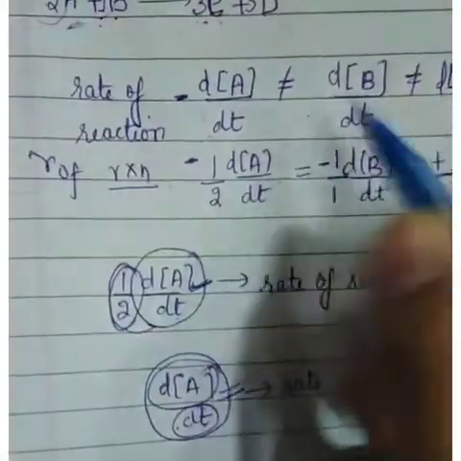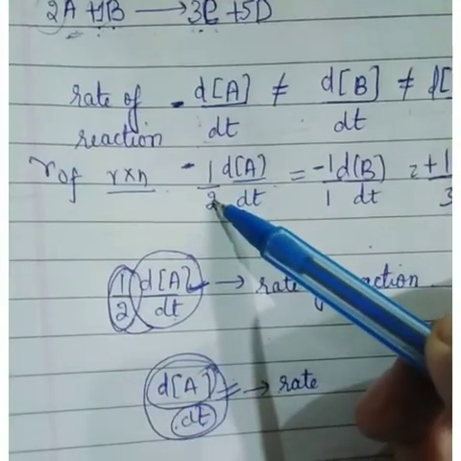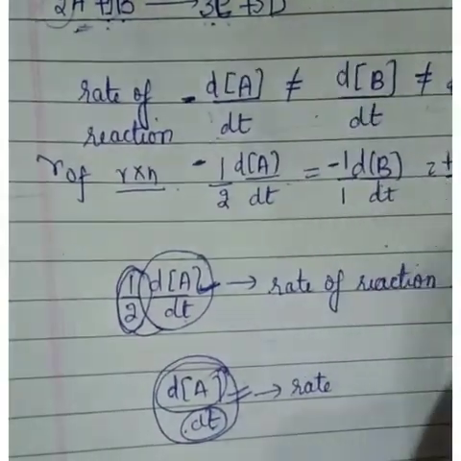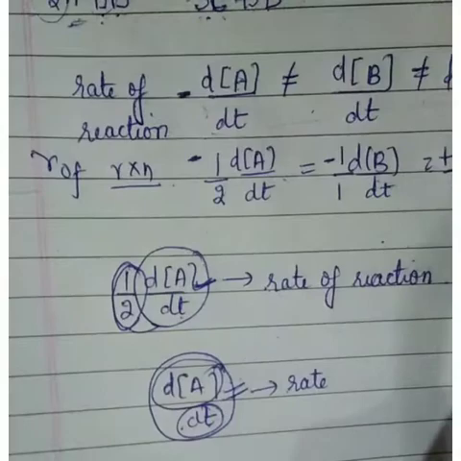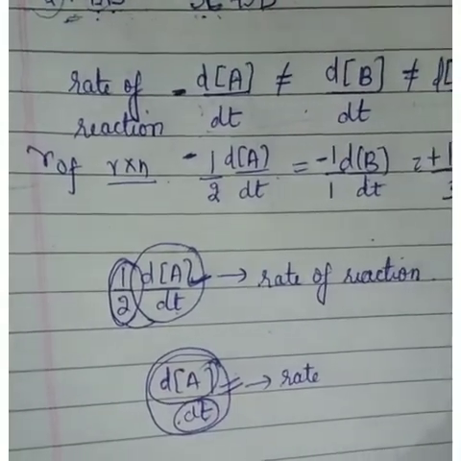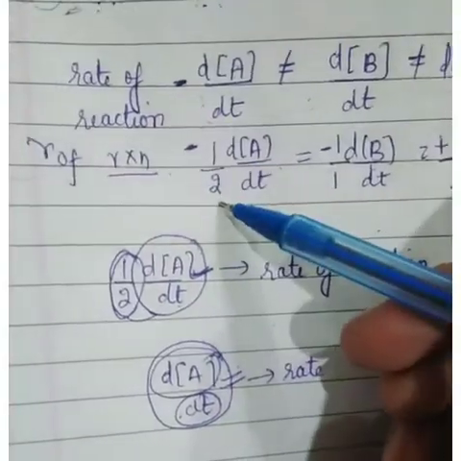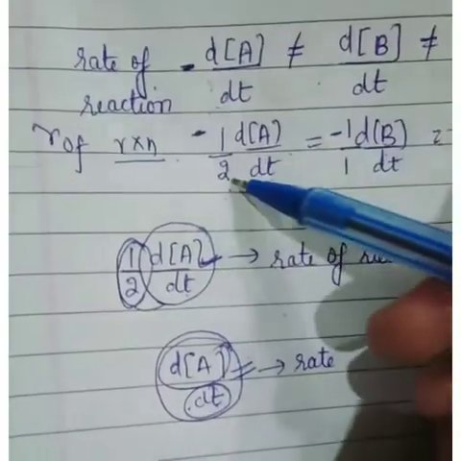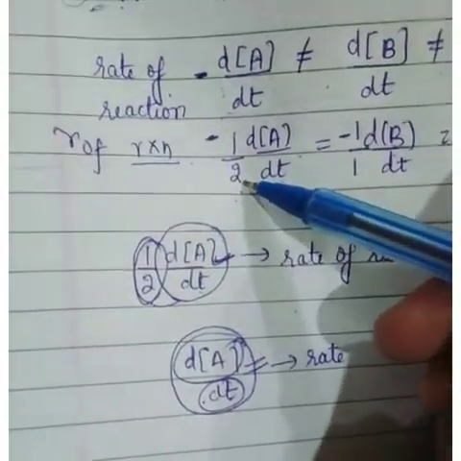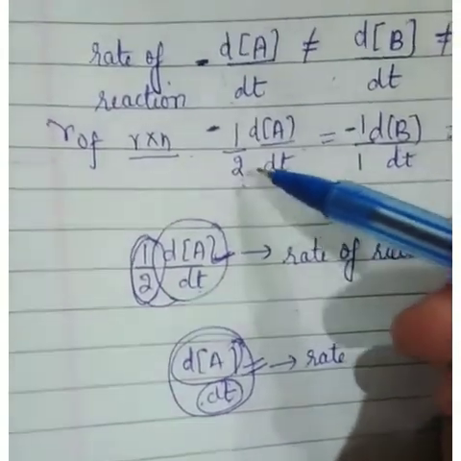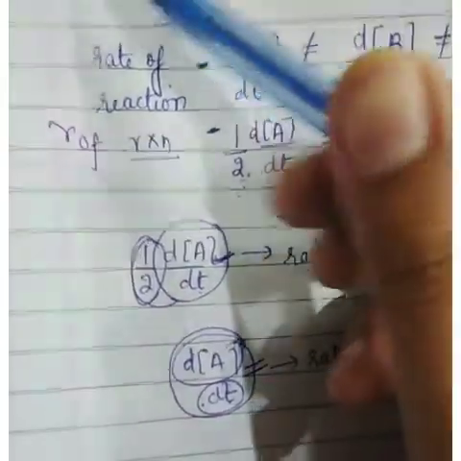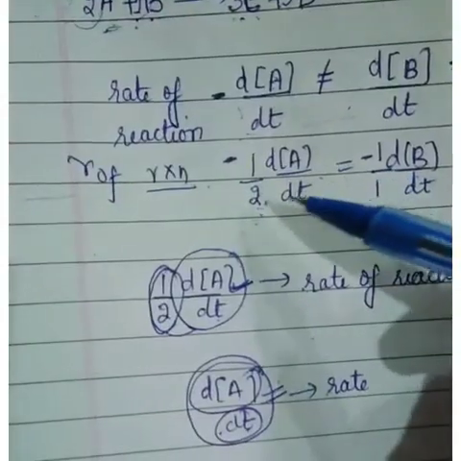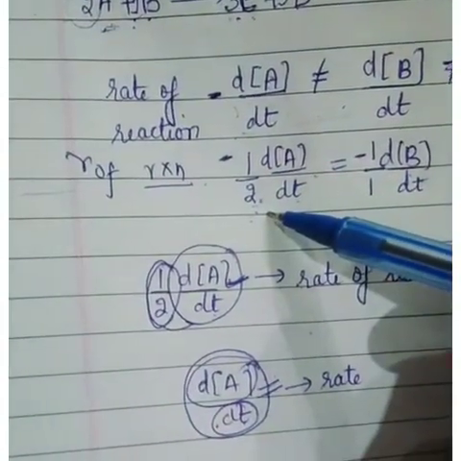We made them equal by dividing by these coefficients in the denominator. This is how the rates of the reactants and products became equal by dividing with the coefficient. Why we divide the coefficients in the denominator is a separate concept that we are going to see in another video. But here you have to remember that the coefficient given in the reaction will be divided while writing the rate of the reaction.